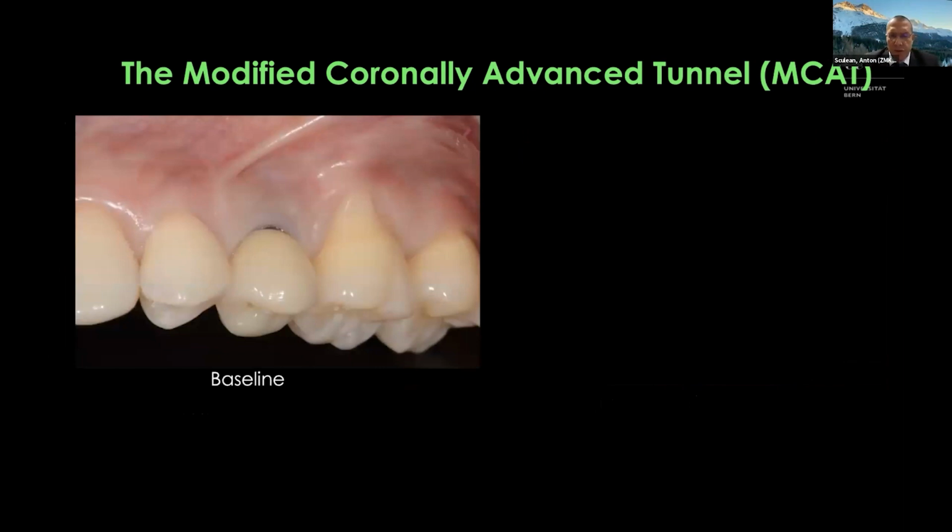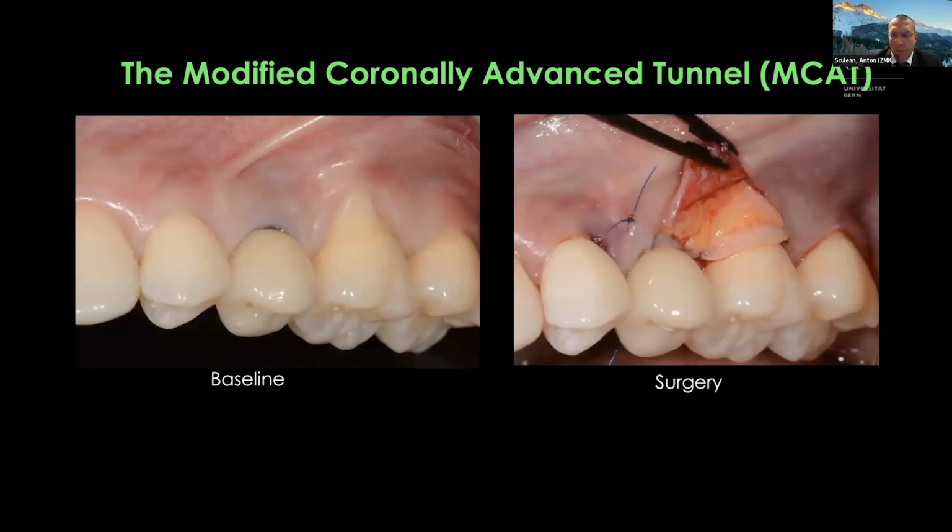Look at this case. Here we have 2 implants accommodated in the area of the premolars, and also very deep recession at the buccal aspect of the first molar. Here I combine the technique.